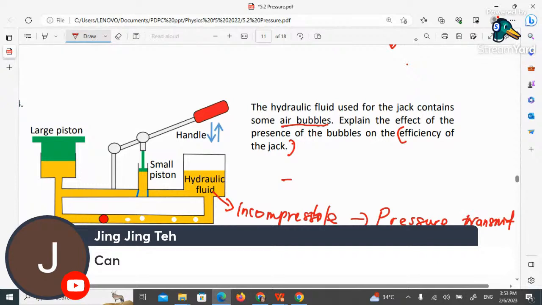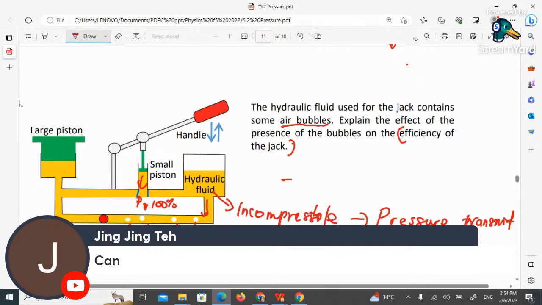So once the air bubble is compressible, when the pressure is transmitted from here, let's say P1, it is 100%. Let's say when it reaches the bubbles, maybe the first bubble will take 1%, this one 2%, 2%, 1%.